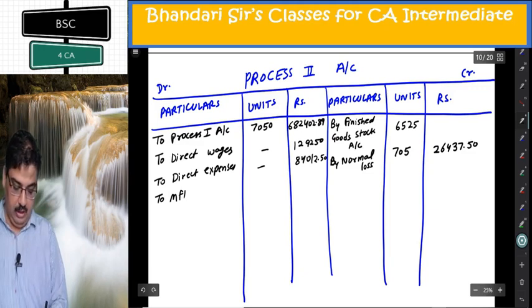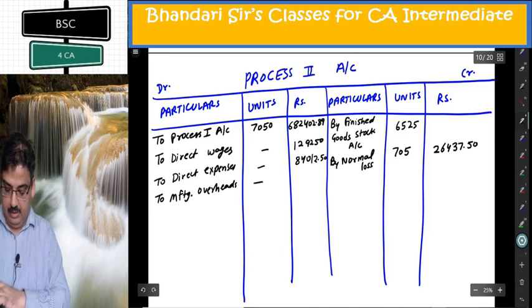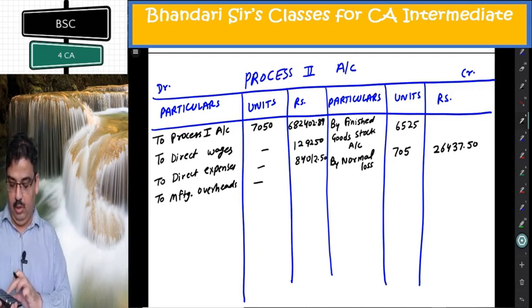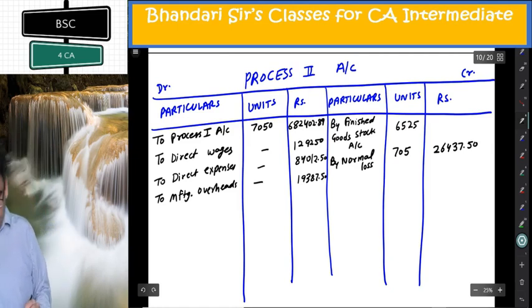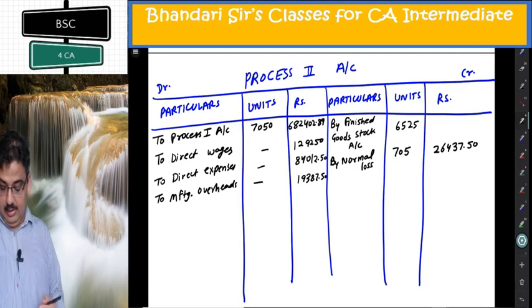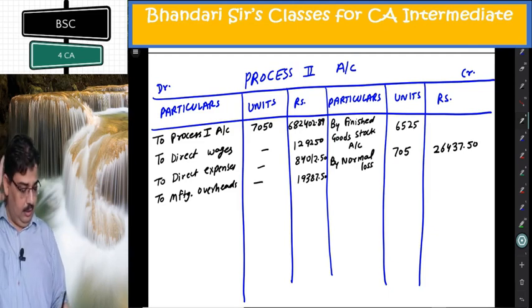To manufacturing overheads, 15% of direct wages, 129,250 into 15%, 19,387.5. Nothing else is there.